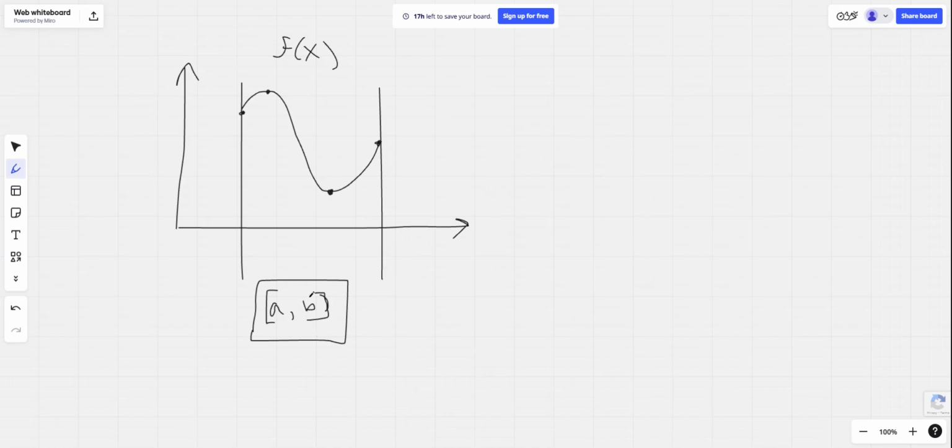Now, it's very important that the boundary is a closed interval.